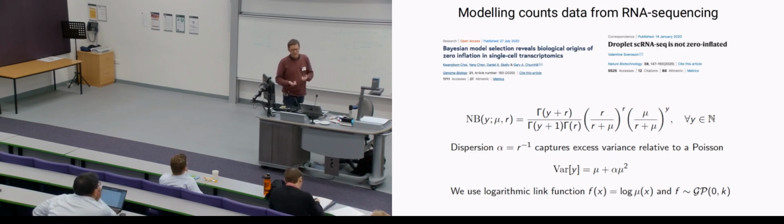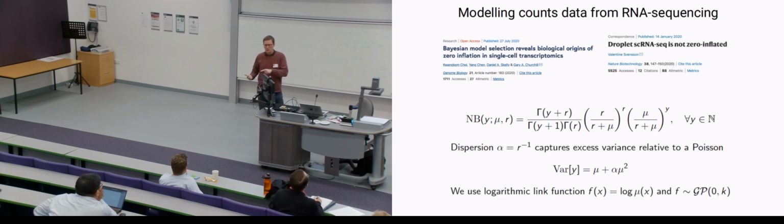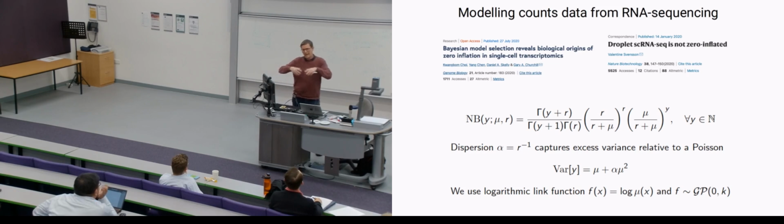So you can take that simple dynamic model and stick the Gaussian process into the mean of the negative binomial. Then you have an additional parameter, the dispersion, which models the width in excess of a Poisson, right? The reason that's good is because sometimes the counts are really low, often 0.